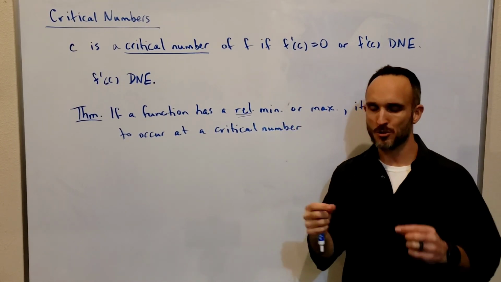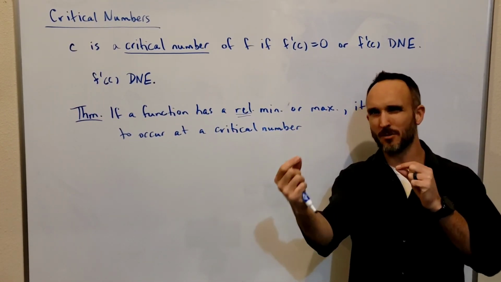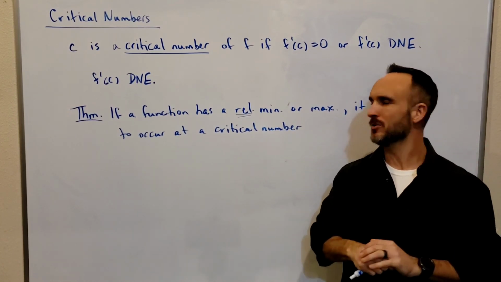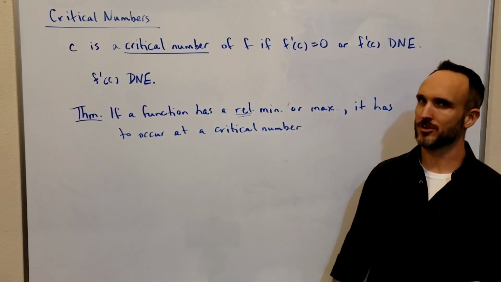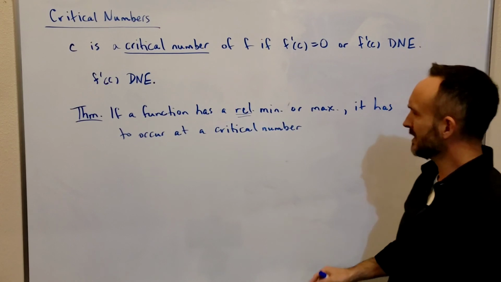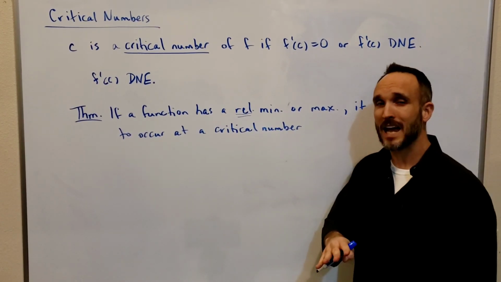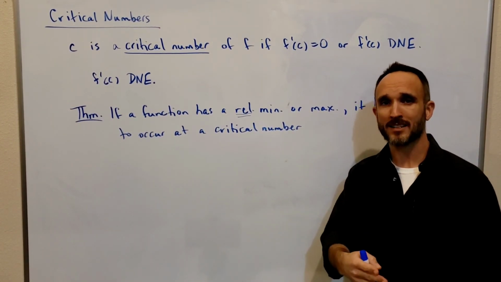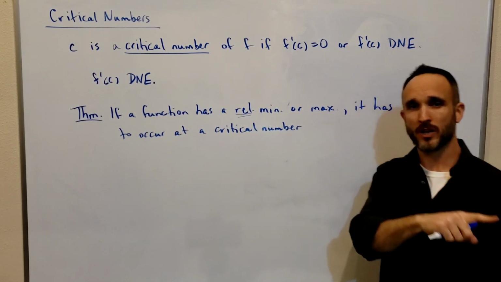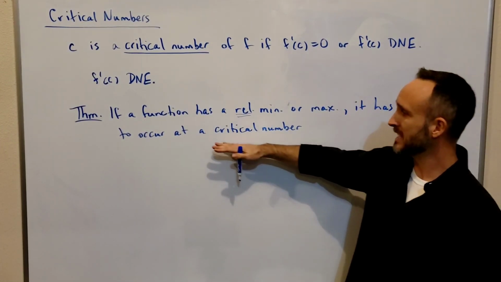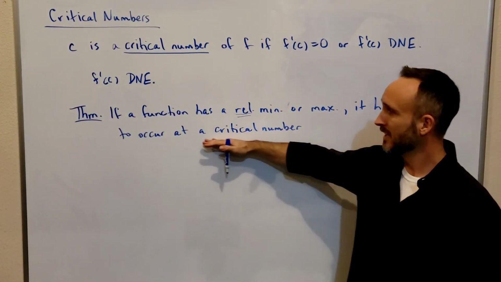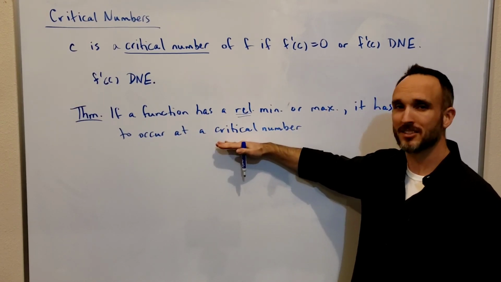Remember, on an absolute min or max, you don't have to be defined on both sides of the C value, whereas on a relative min or max, you do. So if you're going to have a relative min or max, the best place to look is at your critical numbers. Now, that doesn't guarantee that you're going to have a relative min or max just because it's a critical number.